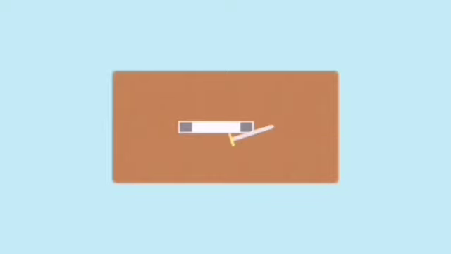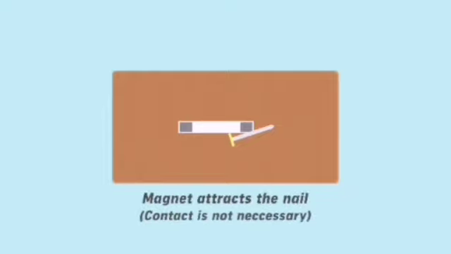What did you notice? When the bar magnet was sufficiently close to the nail, it sticks to it. What does it tell us? This shows that the magnet attracts the nail, and contact is not necessary for this attraction. The magnet pulls the nail towards it even though it was not in contact with the nail.